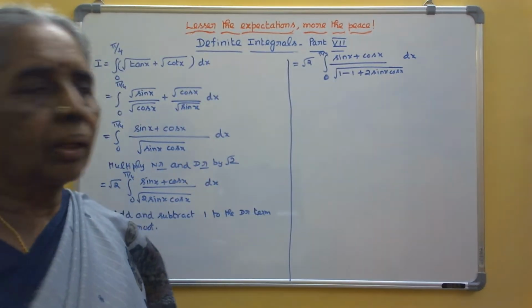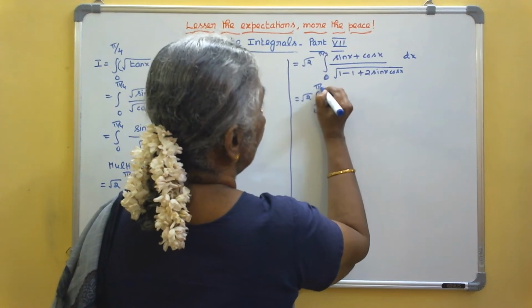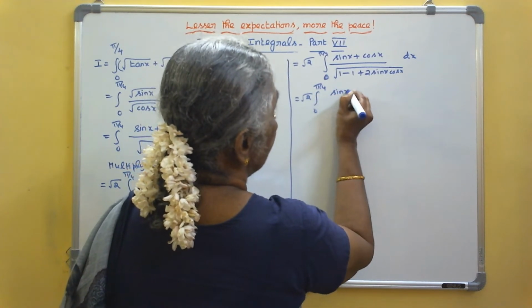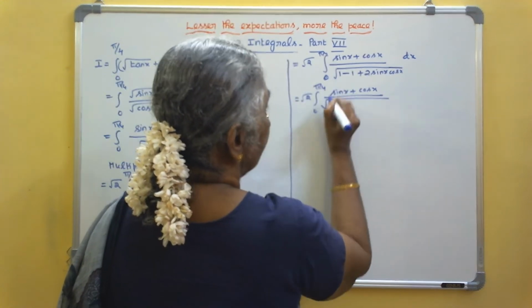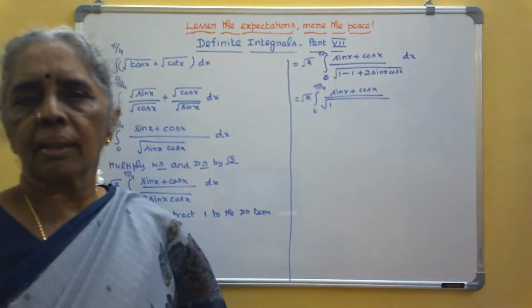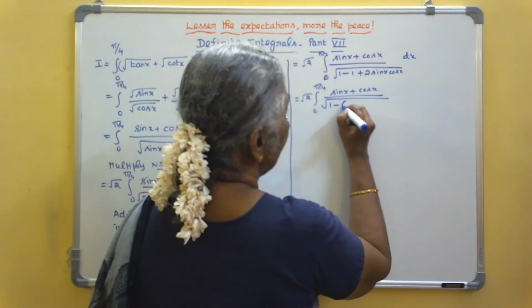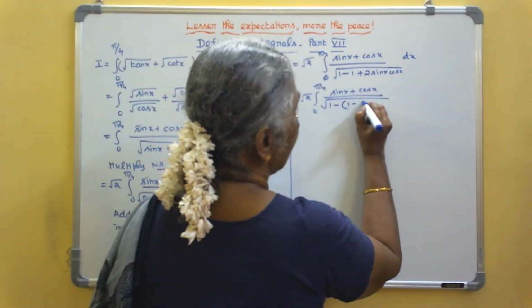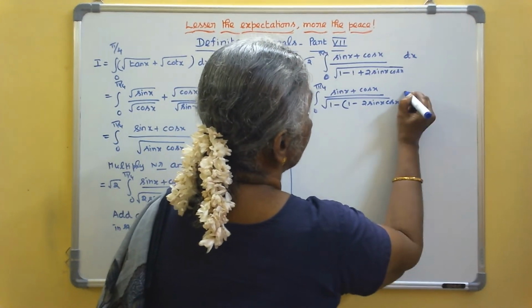Now let us keep the numerator as it is. Nothing needs to be done now. Come to the denominator. This one you keep as it is. For the next two terms, take one minus out. If you take a minus out, you will get 1 minus 2 sin x cos x dx.